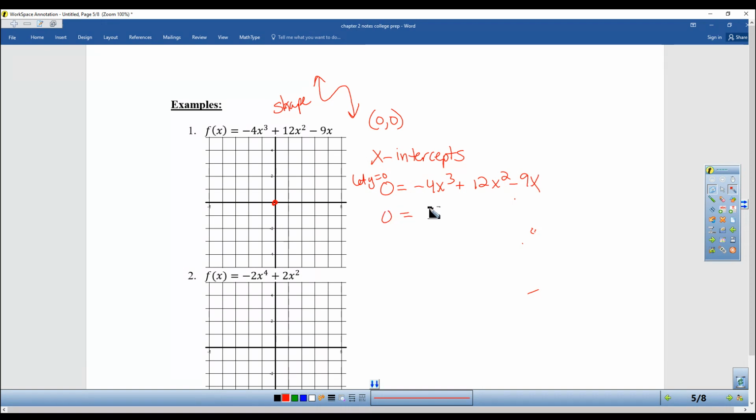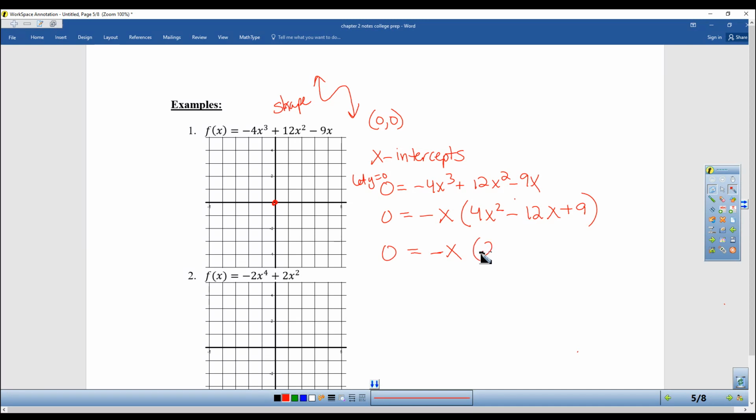So 0 is equal, I can take the x out. And I personally think I'm better at factoring when the first term is positive. So I take out the negative x. That would leave me with positive 4x squared. It does make this a negative 12x, but I just think it's so much easier to factor when the first term is positive.